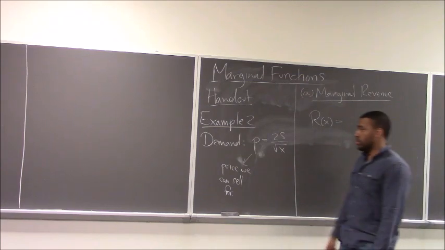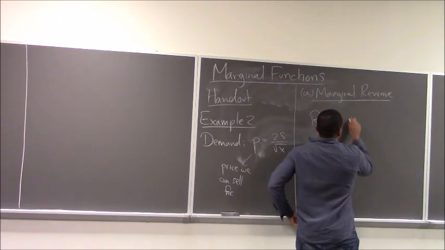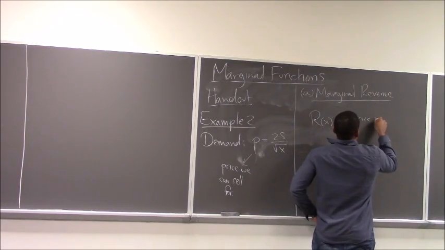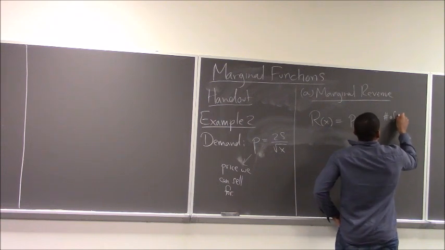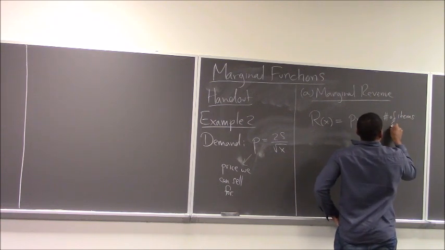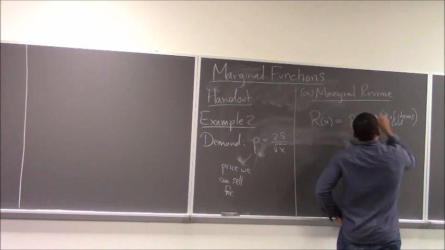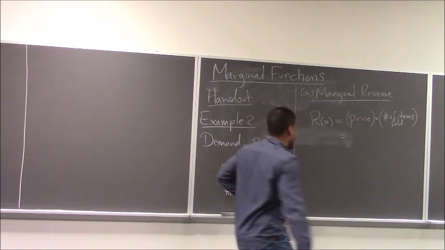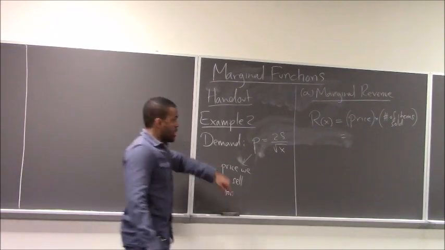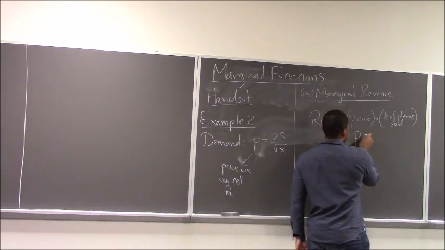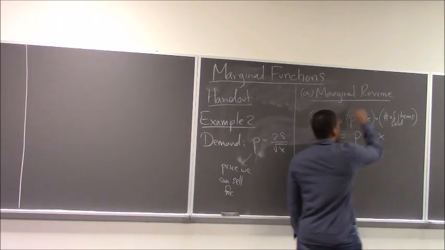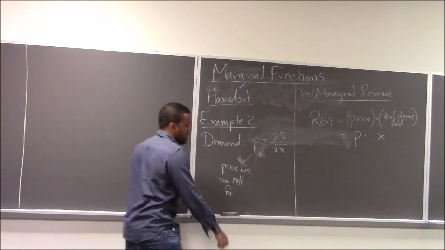Yeah? Price times quantity. It's price times the quantity, right? So it's the price times number of items sold. That's the basic idea. Also, we were given the price based on this function, so that's really P times X, which is the number of items.